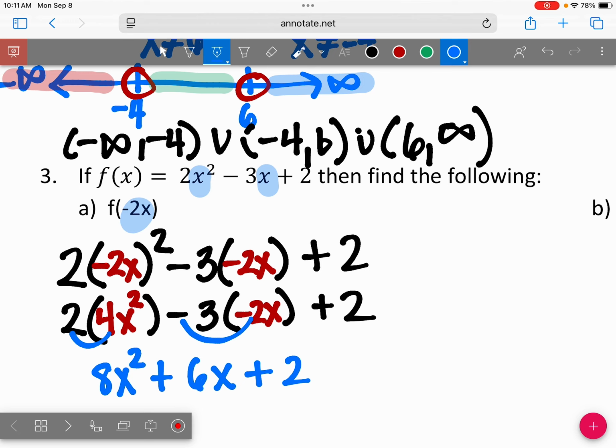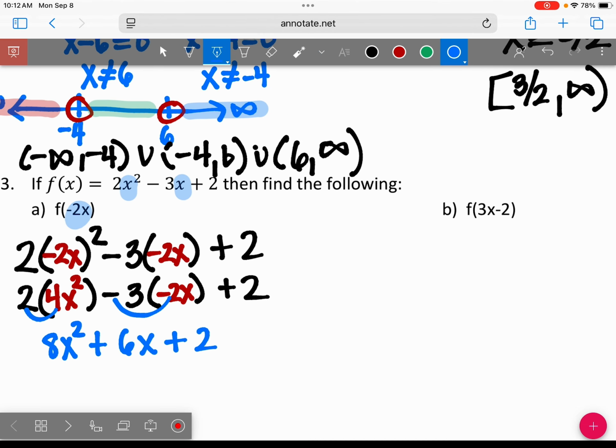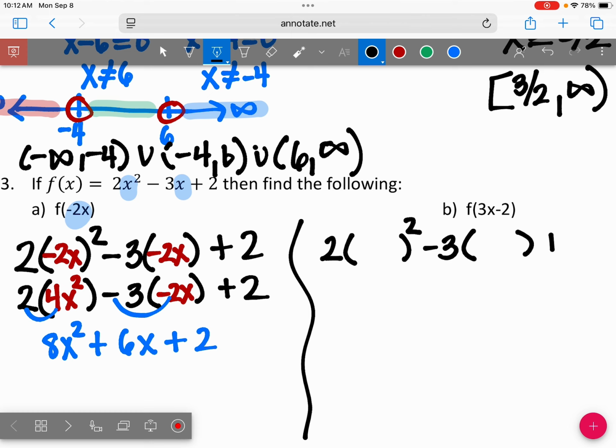Now, for our next one, it's a very common mistake that we do not multiply out that 3x minus 2 correctly. So we're going to start off again. My function says 2x squared minus 3x plus 2. And this time, I'm putting a 3x minus 2 on the inside.